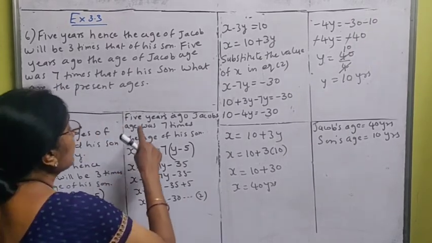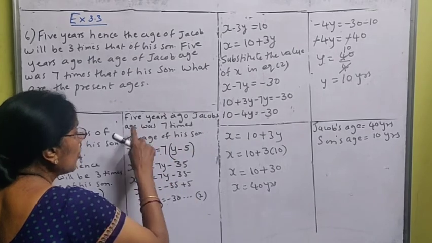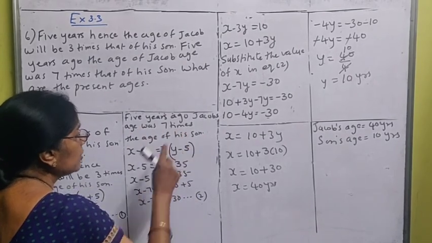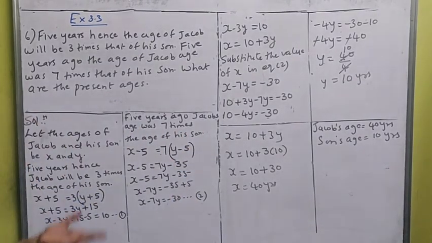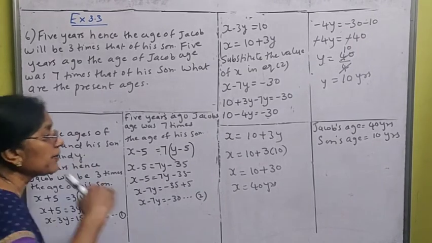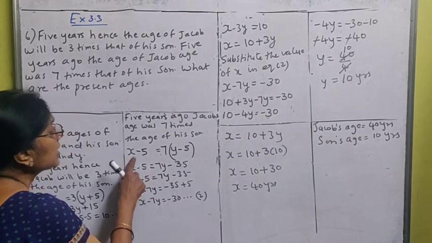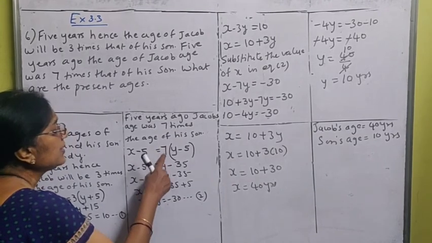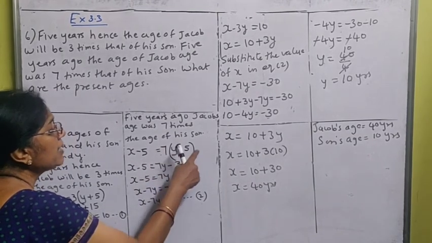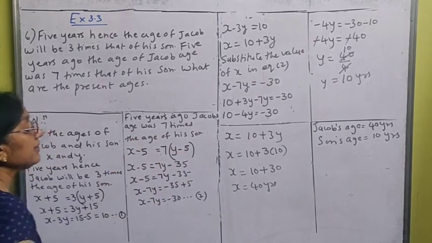The second condition is given: 5 years ago, Jacob's age was 7 times the age of his son. 5 years ago means you have to go back, so you have to subtract 5 from Jacob's age and from the son's age. So X minus 5 is equal to 7 times (Y minus 5), because he will be 7 times.